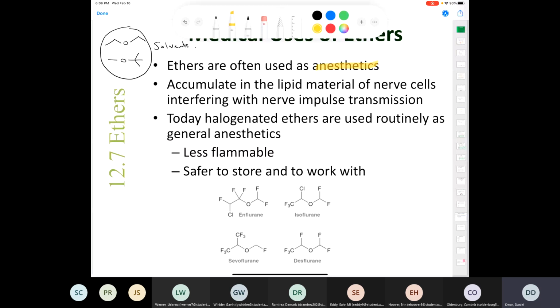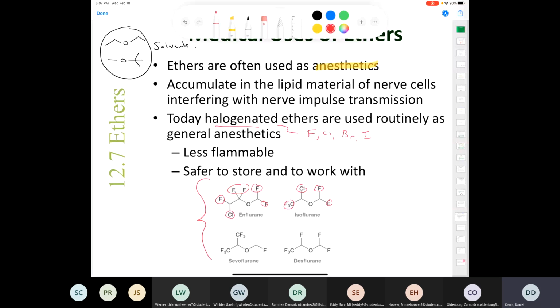So what chemists have done is they have designed several new ethers that are halogenated. What do I mean by halogenated? They have halogens attached to them. You see that we have all these different fluorines. What are the halogens? Fluorine, chlorine, bromine, and iodine. And you see that all of these have either fluorines or chlorines or mixtures of them.